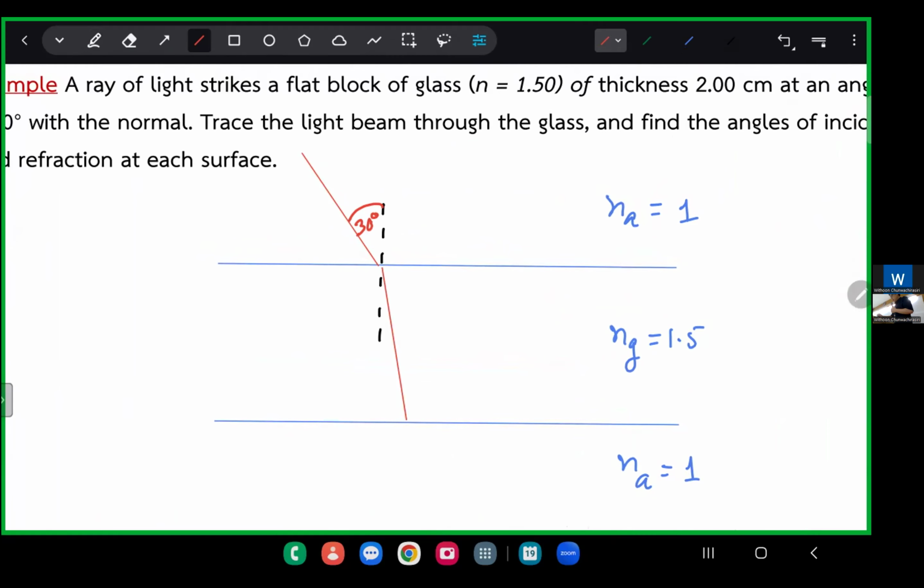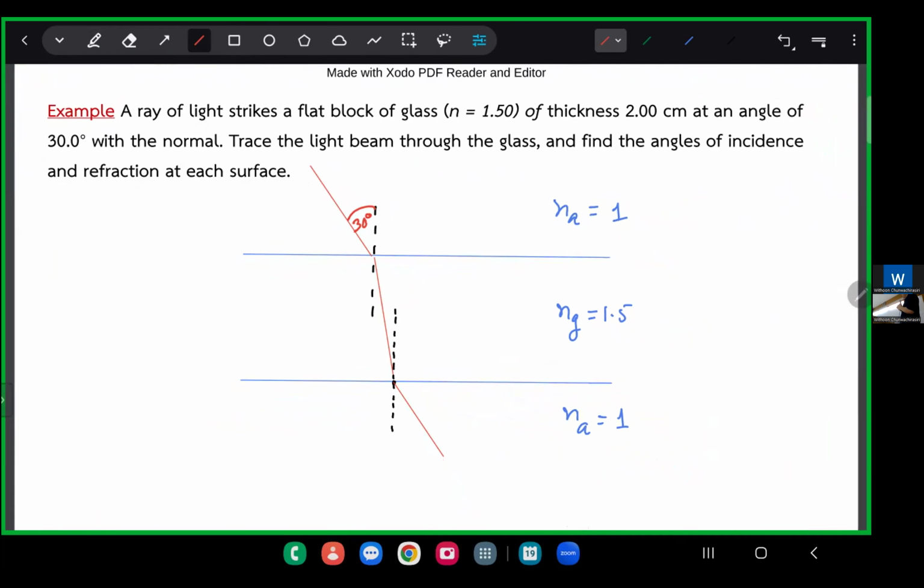Then it's going to hit the bottom surface, so you will have to do another refraction down here. Once again, I draw a normal line. This time it goes oppositely, because now you're coming from 1.5 to 1, so your angle will go bigger on the way out. This is the whole situation that happens when you go through different mediums.